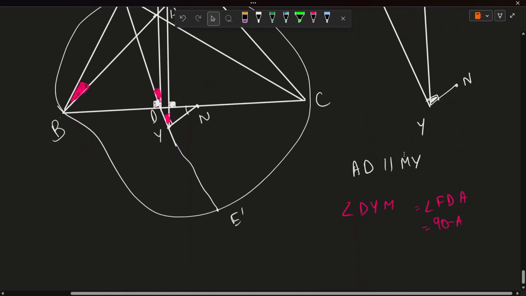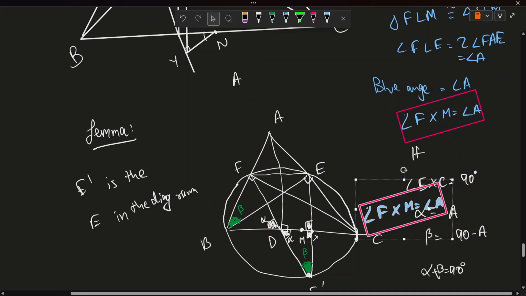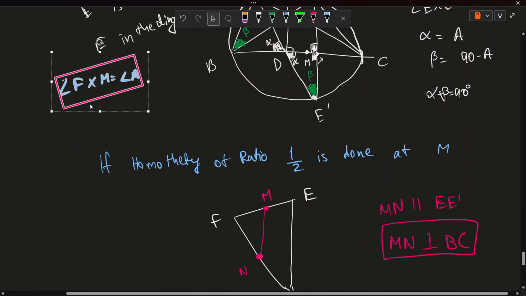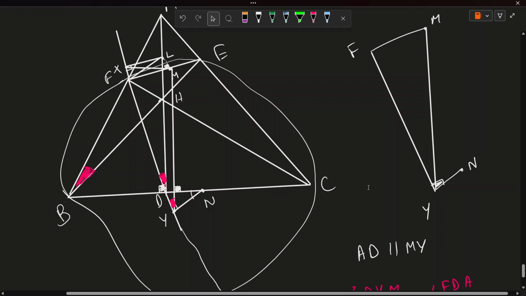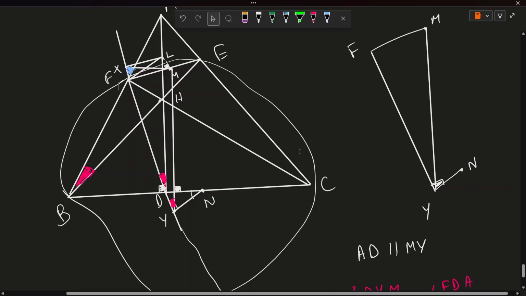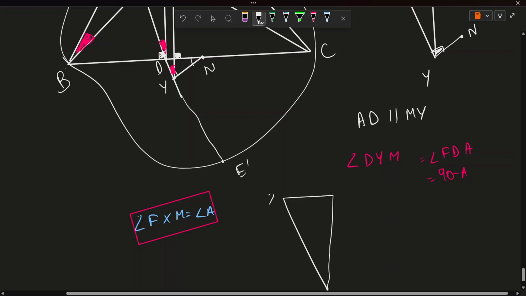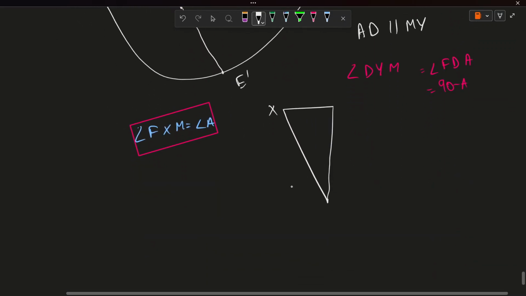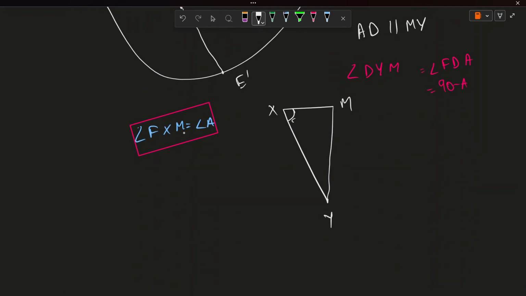Let me bring this here. Yeah, this is the fact: FXM is equal to angle A. So this angle here is equal to angle A. If we draw a small diagram again, this is X, Y, and M. As we have proved earlier, this angle is 90 minus A, and this angle is A. So this angle must be 90.